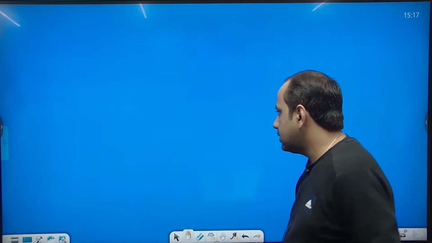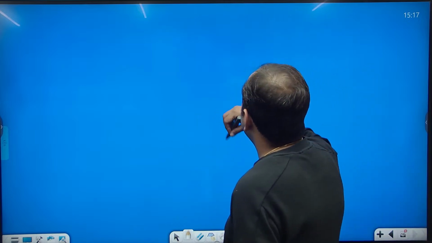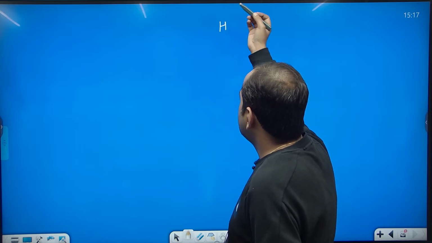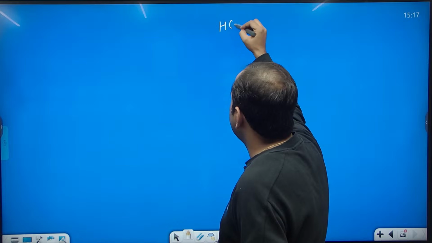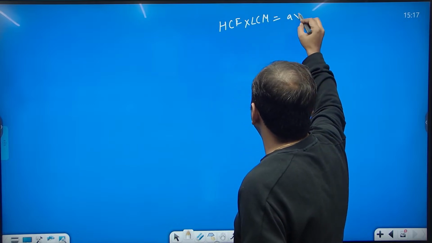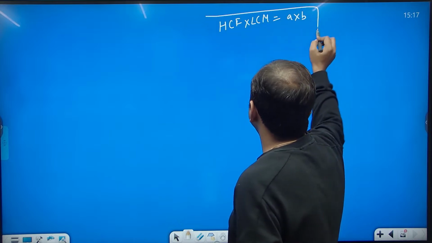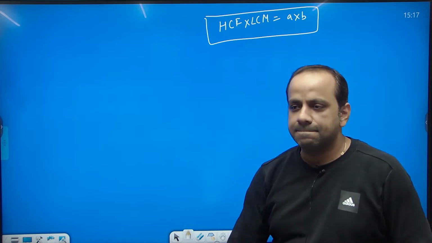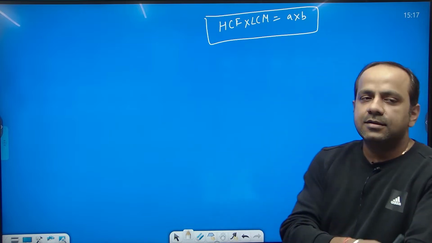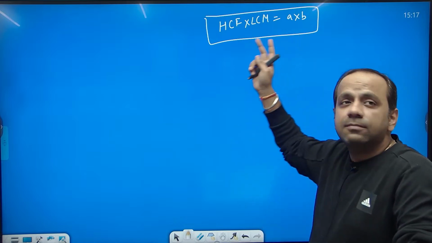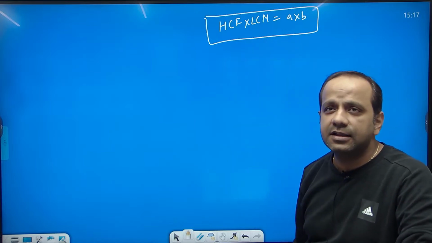Now let us understand the application part. Before going to discuss application part, one more thing. If we have two numbers, let's say A and B, we can say product of HCF and LCM is equal to product of numbers. You know this? Yes. Okay. If we have two numbers A and B, product of those two numbers is equal to product of HCF and LCM.